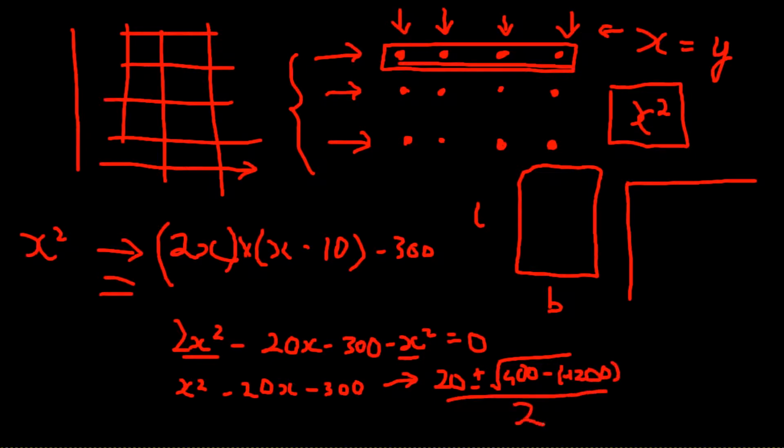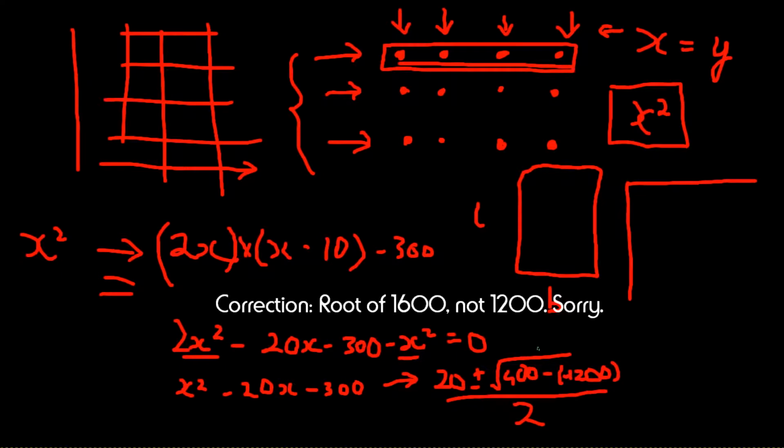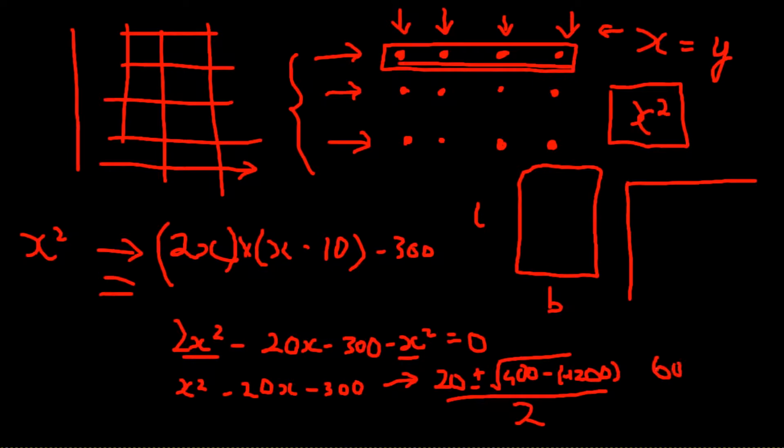So I'm skipping the step in between, so this will come out to be root of 1600, which is 40. So 20 plus 40 upon 2, 60 by 2, and 20 minus 40 upon 2. So our answers for x, which is the number of rows in the original, are 30 and minus 10.